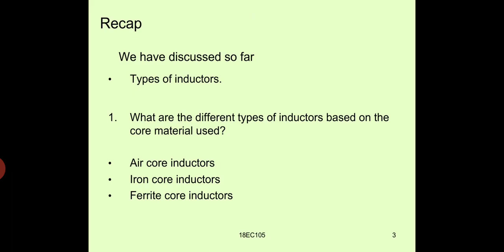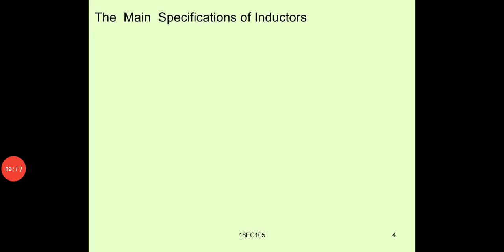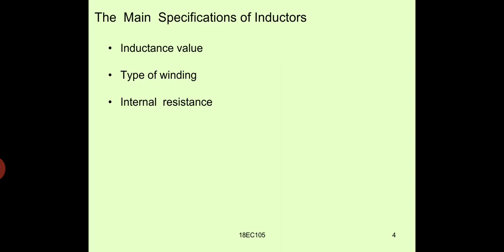Now let us see the main specifications of the inductors. Number one is the inductance value, that is the L value. Then it is the type of winding. Another one is the internal resistance of the coil.